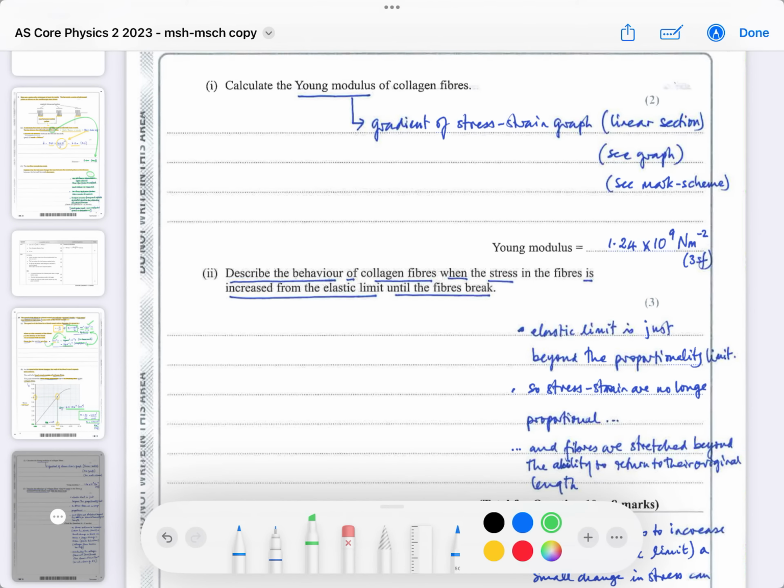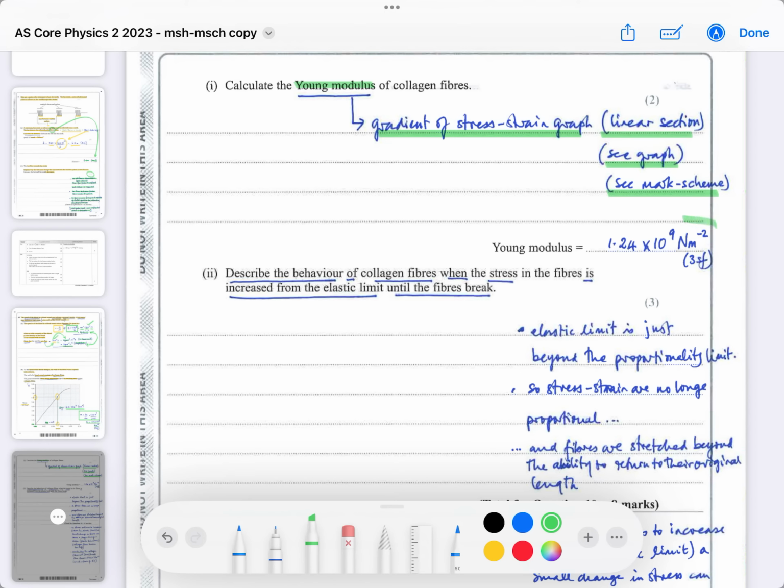So there you see, this question says calculate the Young modulus, which I've just done. Yeah, so that's the gradient of a stress-strain graph. Obviously it has to be the linear section. You've seen my graph already, and you can see the mark scheme in a minute.